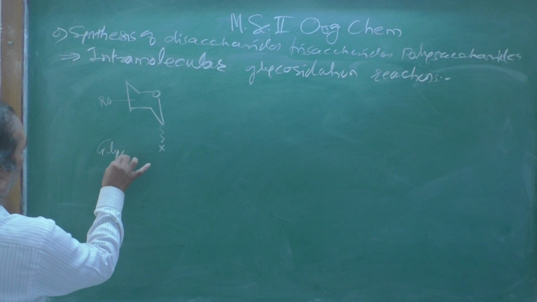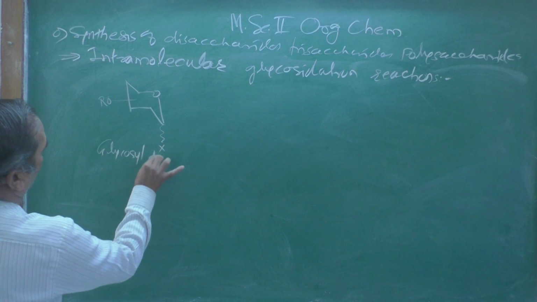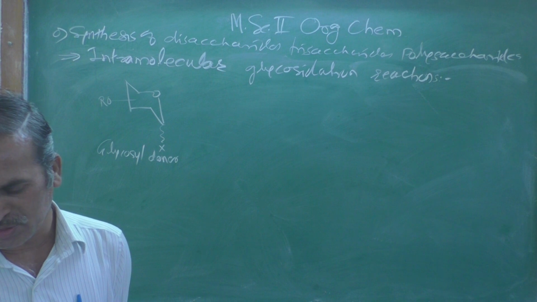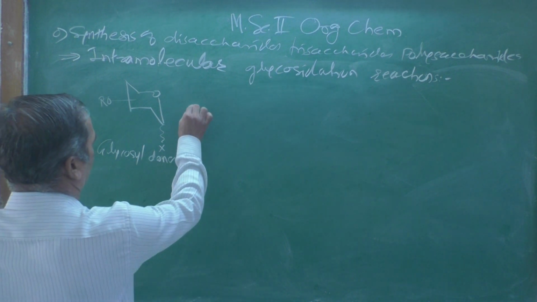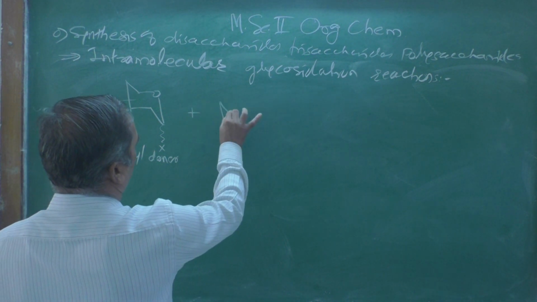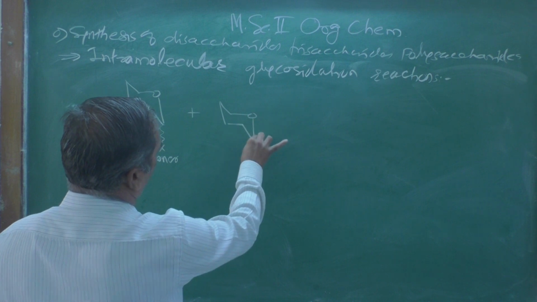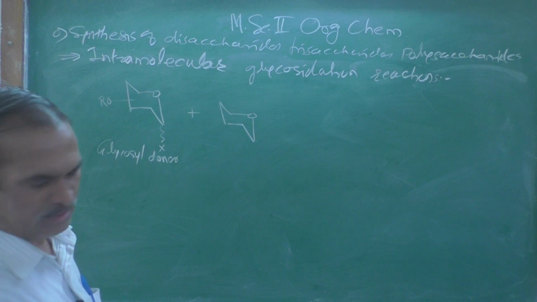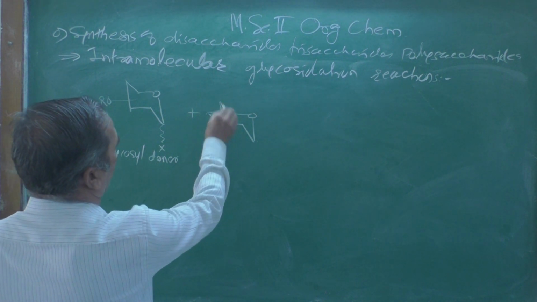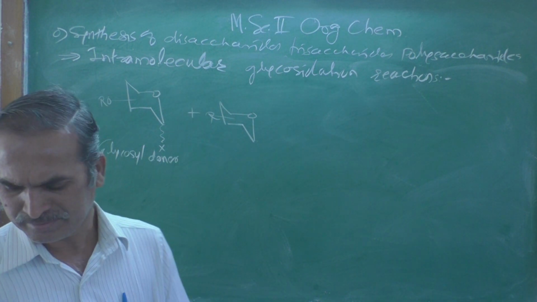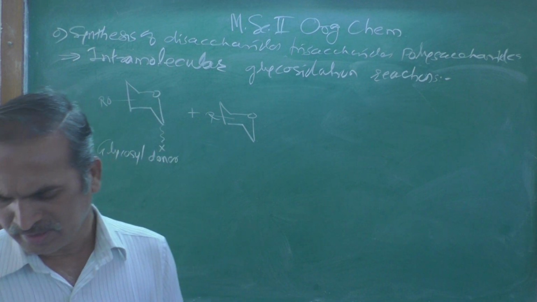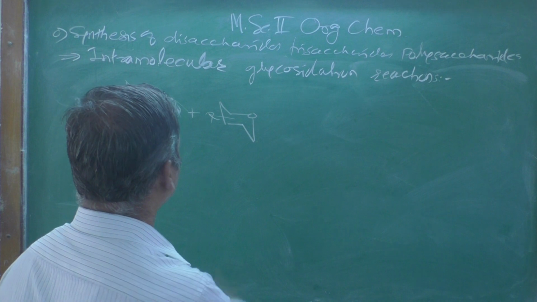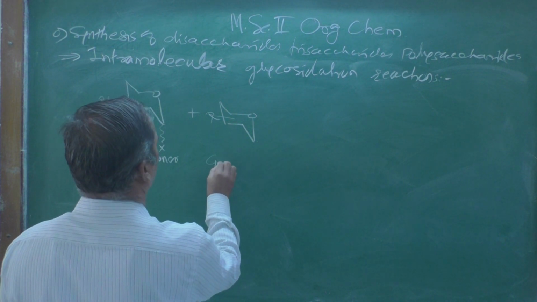Now this glycosyl donor will be treated with the glycosyl acceptor, where R is shown.